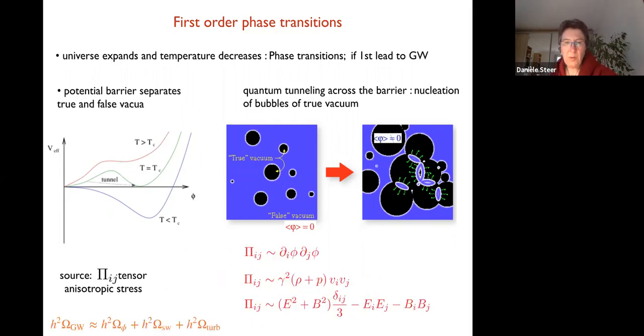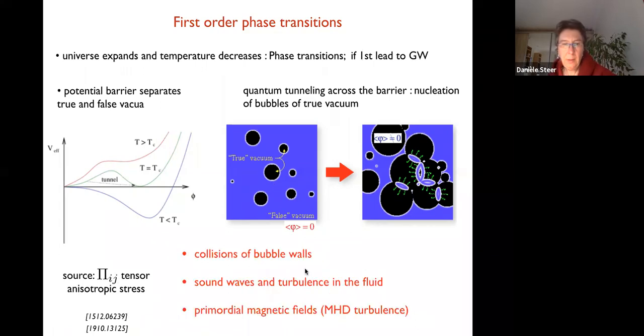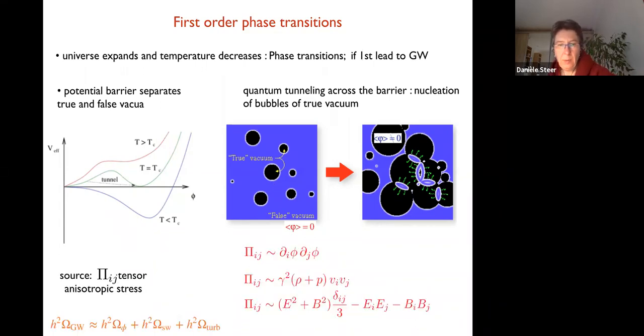So in other words, the sources: for the collision of the bubble walls, there's an anisotropic stress from gradients of the scalar field, because the scalar field goes from phi equals 0 outside to some non-zero value inside. There are gradients of the scalar field across the bubble wall. So from the collisions of bubble walls, you have an anisotropic stress.